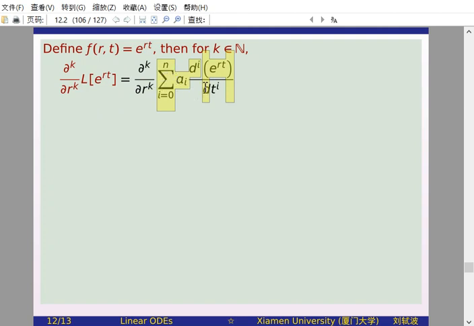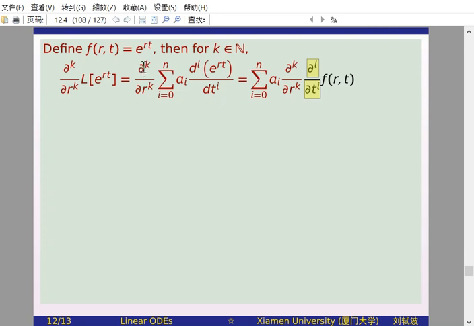This fraction is the derivative with respect to t i times. Since e^(rt) is f(r,t), this fraction can be written as the i-th ordered derivative with respect to t of f(r,t). And since taking a derivative is a linear operation, multiplying by a constant a_i, summing up, and taking the derivative can be switched: first take the derivative, then multiply by a_i, then sum up.